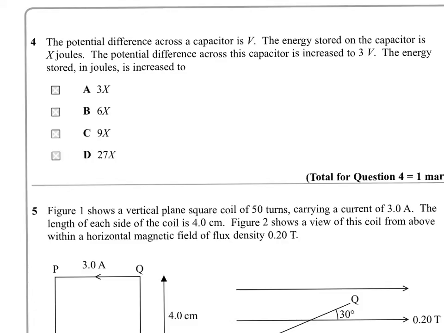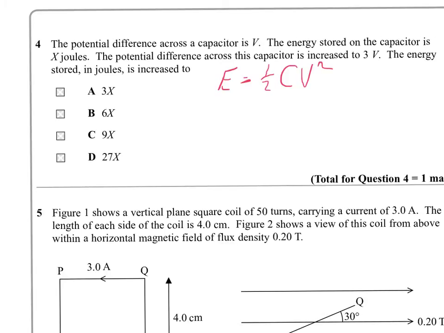Okay, potential difference across capacitor is V. The energy stored on the capacitor is X joules. Potential difference across the capacitor is increased to 3 times V. The energy stored is now what? Okay, so crucially, the energy in a capacitor is a half CV squared, so it's proportional to V squared, with everything else constant there.